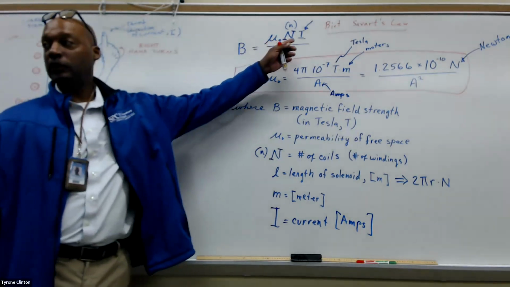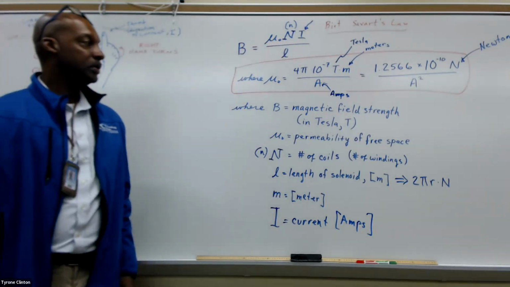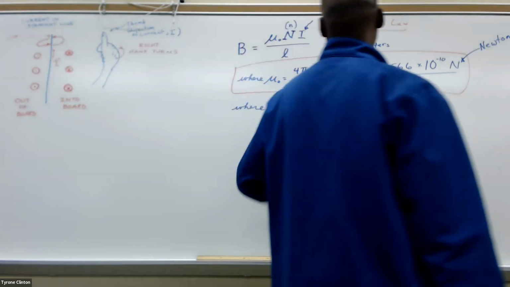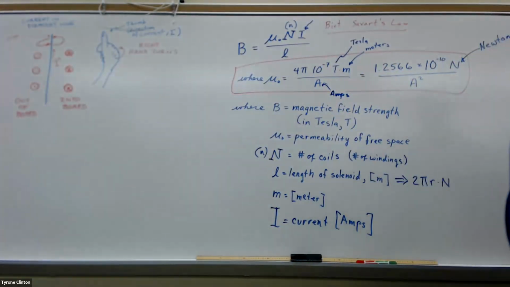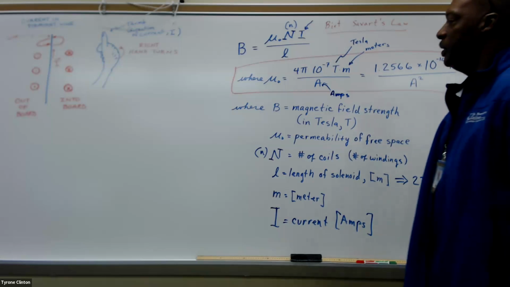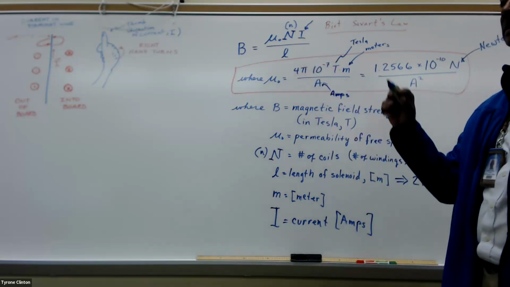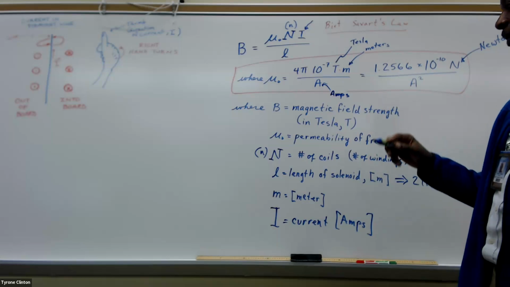N is the number of loops. Mu-naught has those units. You can pick your poison as to which one you're going to want to use. And L is the length of the wire.